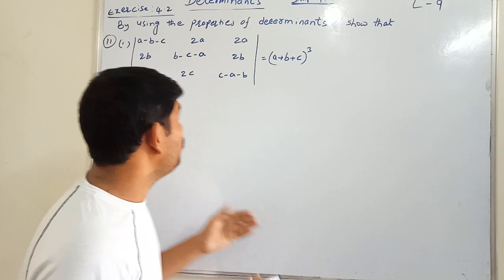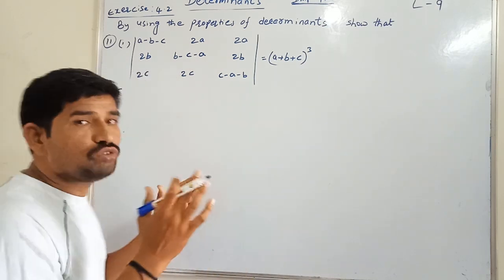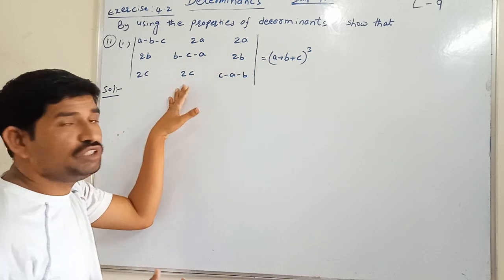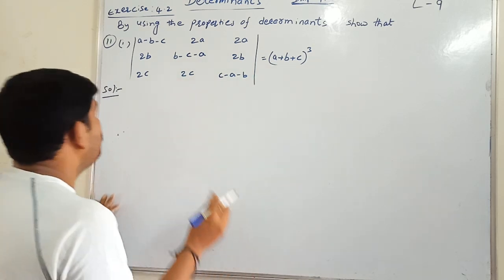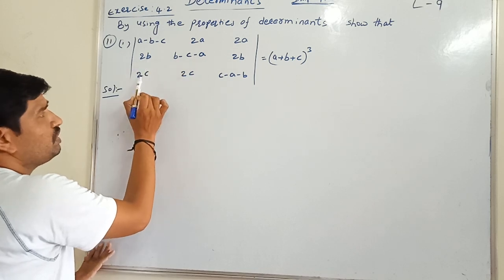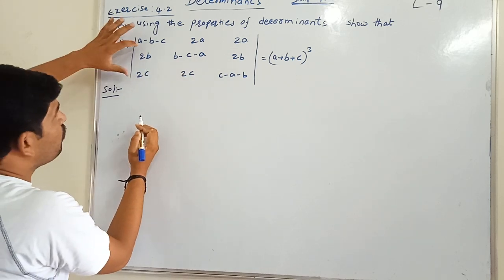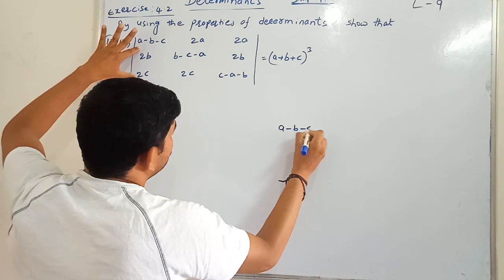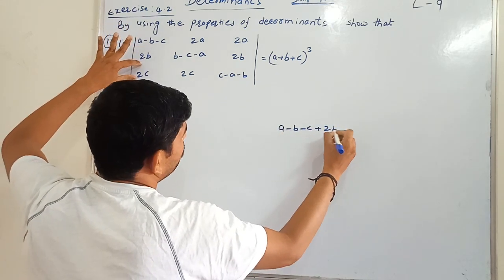Okay, so first our target is, by using the operations here, how we can get A plus B plus C from this determinant. So that's fine. A minus B minus C is there, and there is what? 2B, there is what? 2C. Suppose if I add these 3, A minus B minus C plus 2B plus 2C.